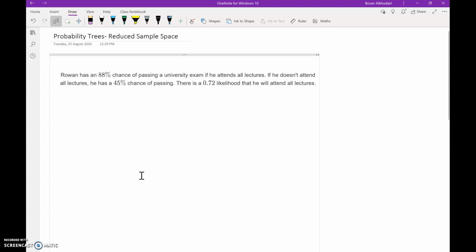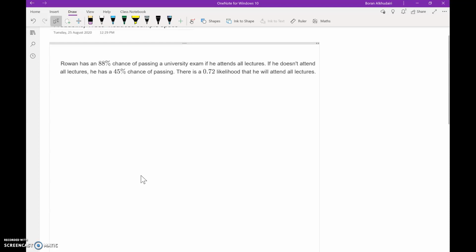Rowan has an 88% chance of passing a university exam if he attends all lectures. If he doesn't attend all lectures, he has a 45% chance of passing, and there is a 0.72 likelihood that he will attend all.